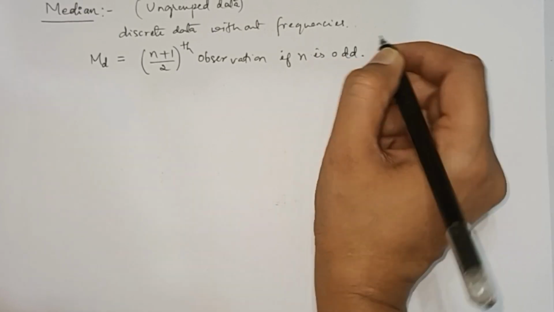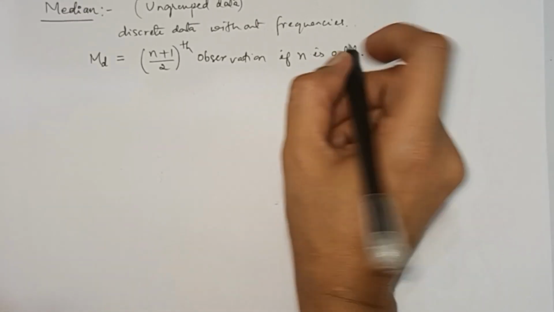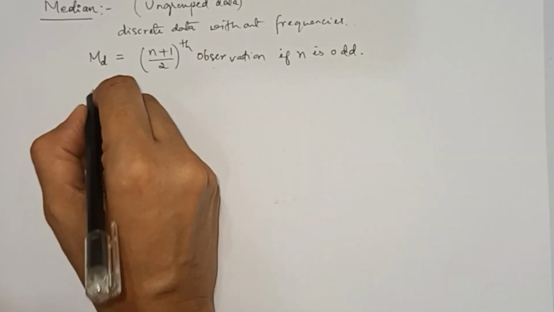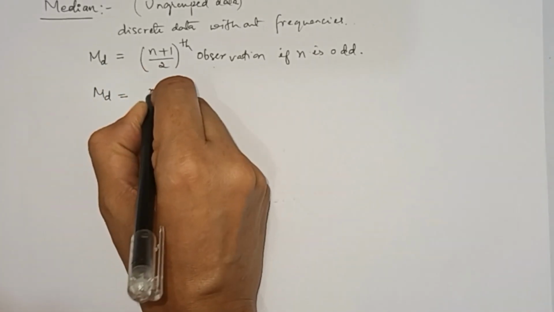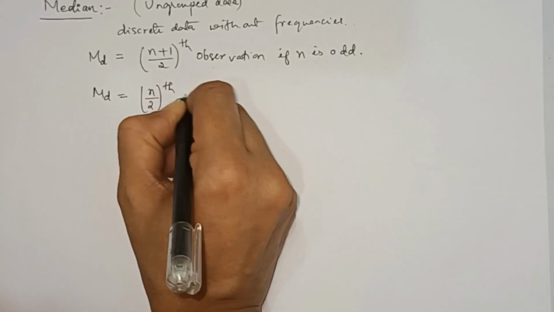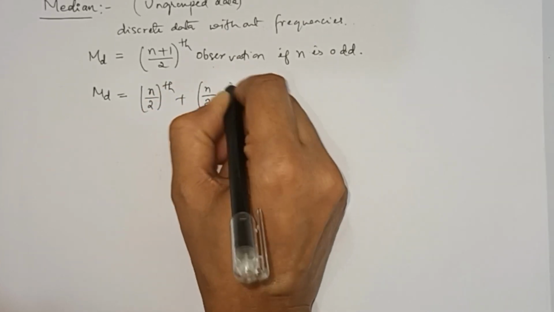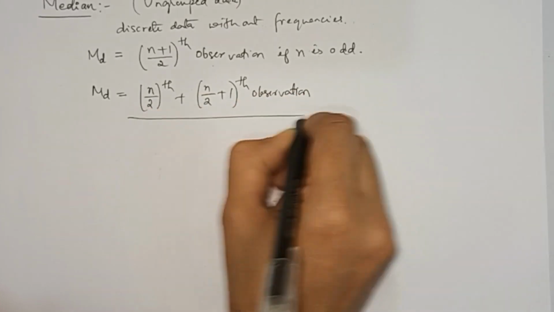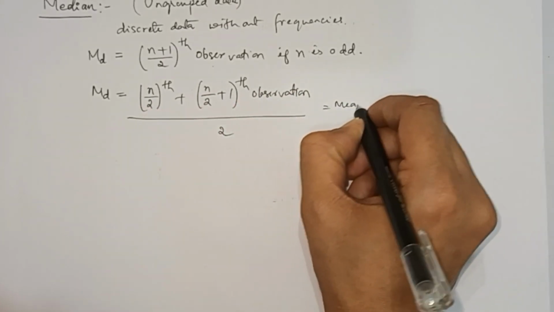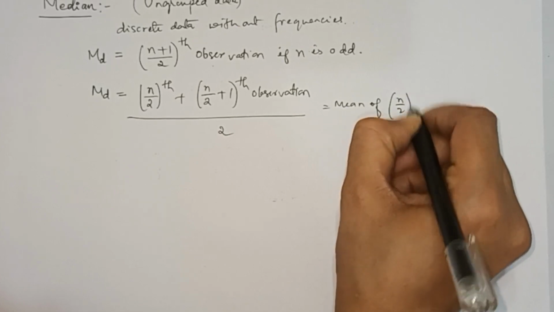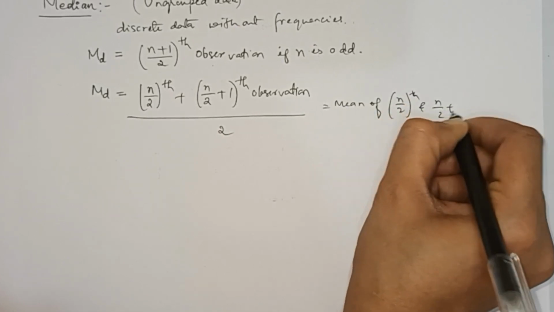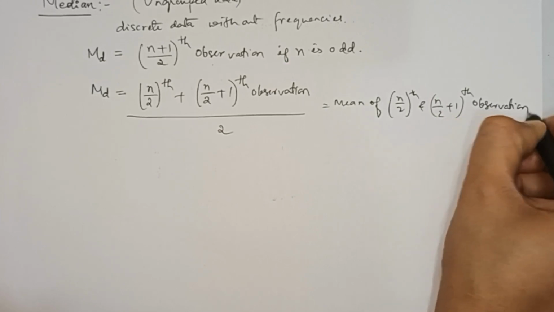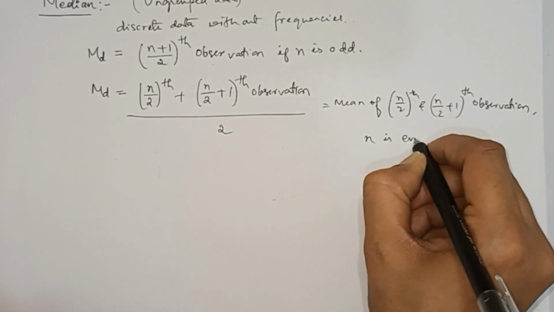If you have an odd number of observations in the given data, then the (n plus 1) by 2th observation. And median equal to the (n by 2th plus (n by 2 plus 1)th observation) divided by 2, that is the mean of the n by 2 and n by 2 plus 1th observation, in the case when n is even.